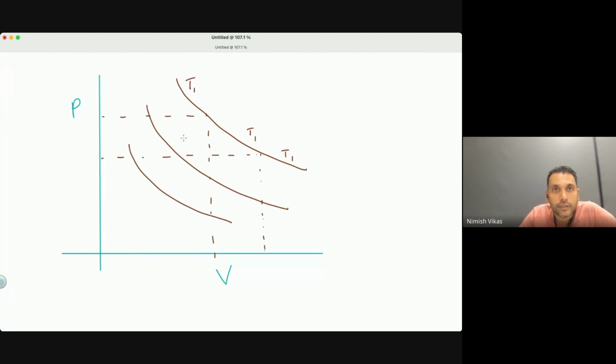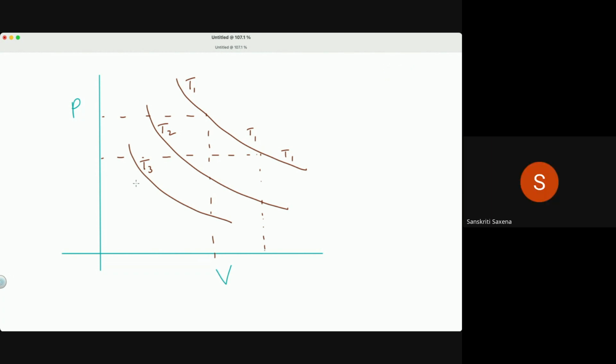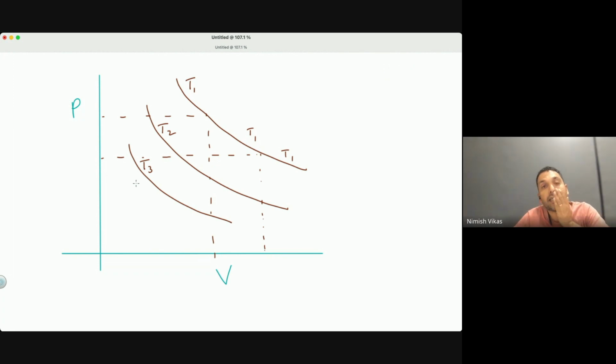So if this is the T1 isotherm, this is T2, and this is T3, which is the highest among the three temperatures? T1. Okay, I hope everybody is now very clear.